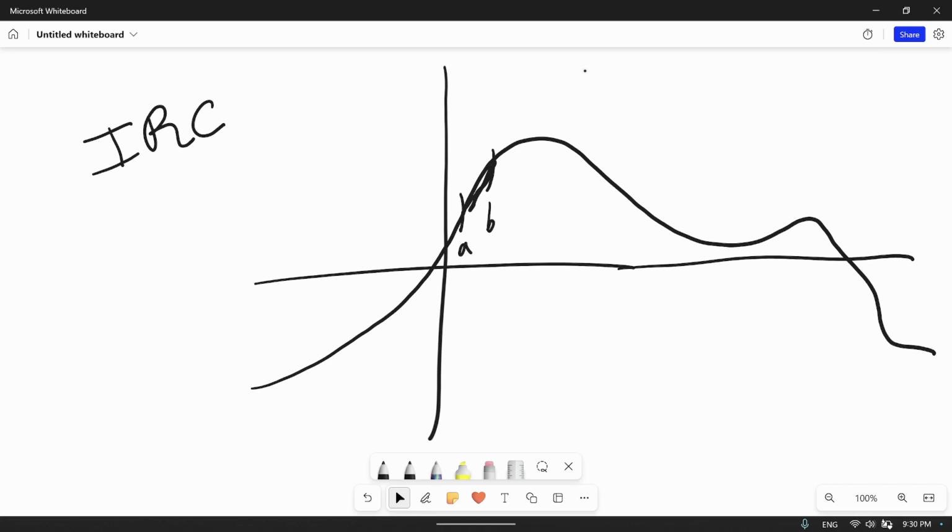The instantaneous rate of change would be as a and b get closer to each other. So if we wanted to find the instantaneous rate of change here, it would just be a line like that, because in this case it's pretty much going like this. Okay, let me make it even clearer. So over here, the instantaneous rate of change would go like this. Okay?